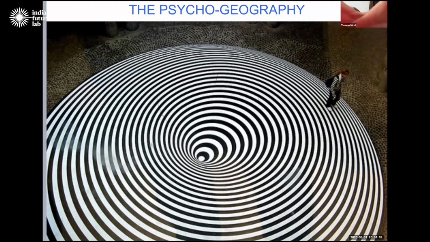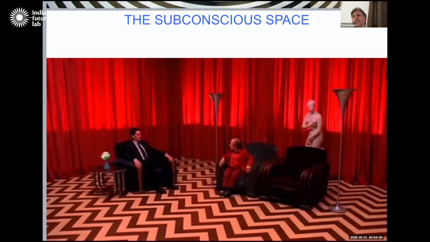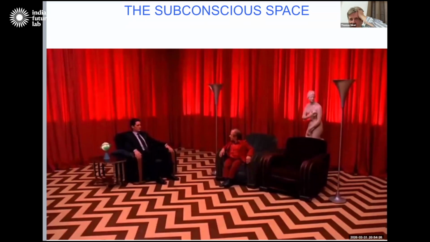And David Lynch, I'm just working on a manuscript on David Lynch's Lost Highway. This is from Twin Peaks. You may not know the story if you ever saw David Lynch's Twin Peaks. This representation of the subconscious, which is actually the Red Room, is inaccessible.